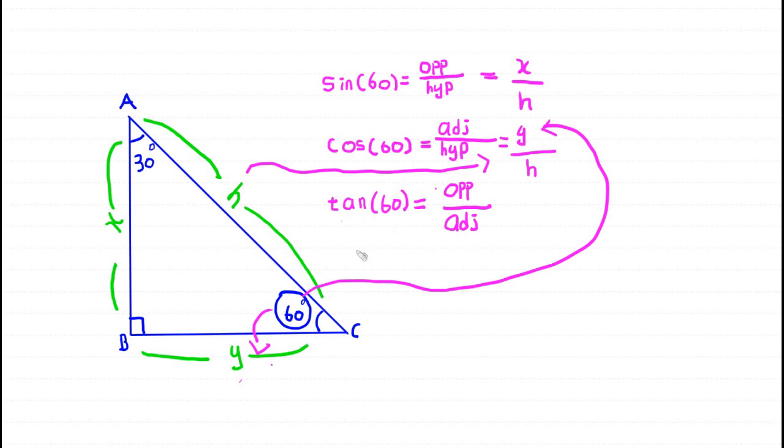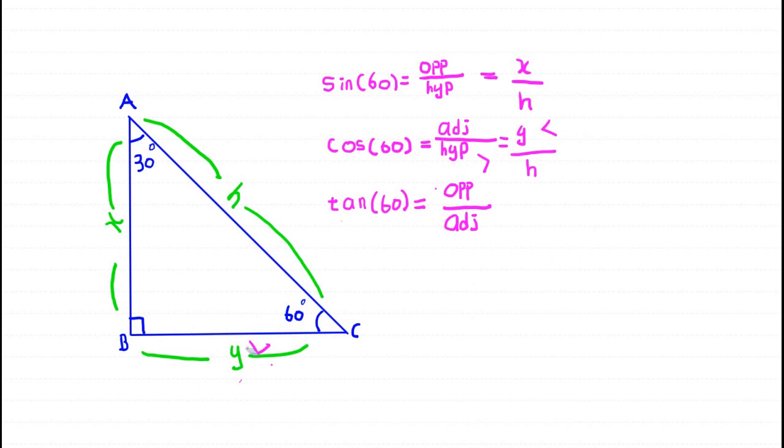And for tangent 60, let me erase this. For tangent 60, it is opposite over adjacent, which is different from sine and cosine.